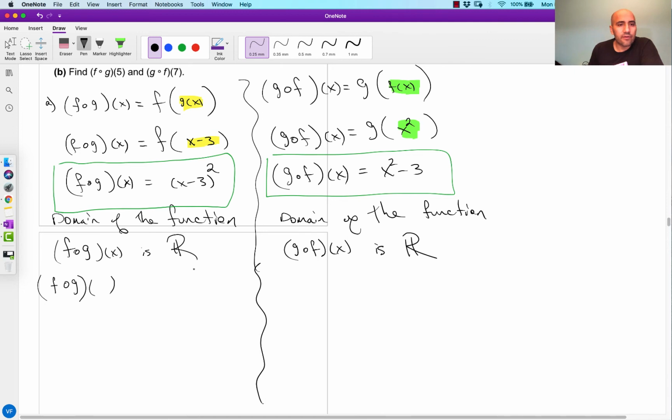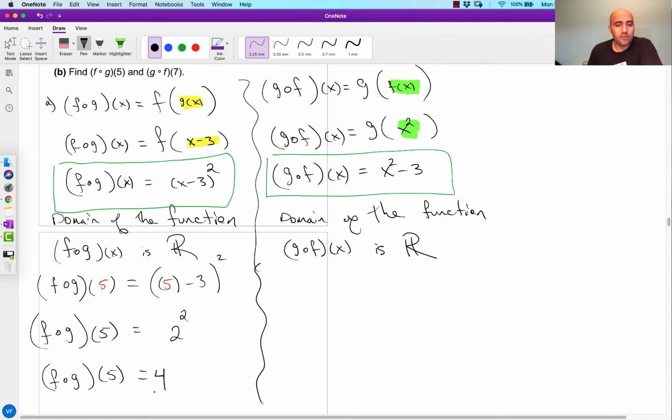That means we're going to take this guy right here, and it's going to be some input minus 3, and then the whole thing gets squared, and that input is going to be a 5, so we put a 5 there, and then we just simplify it as best we can. 5 minus 3 is 2, squared, so the answer is going to be 4. So f composed with g evaluated at 5 equals 4.